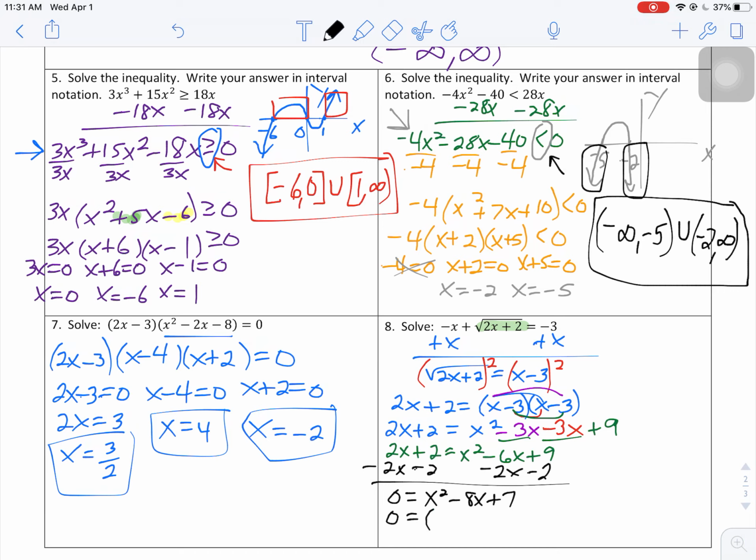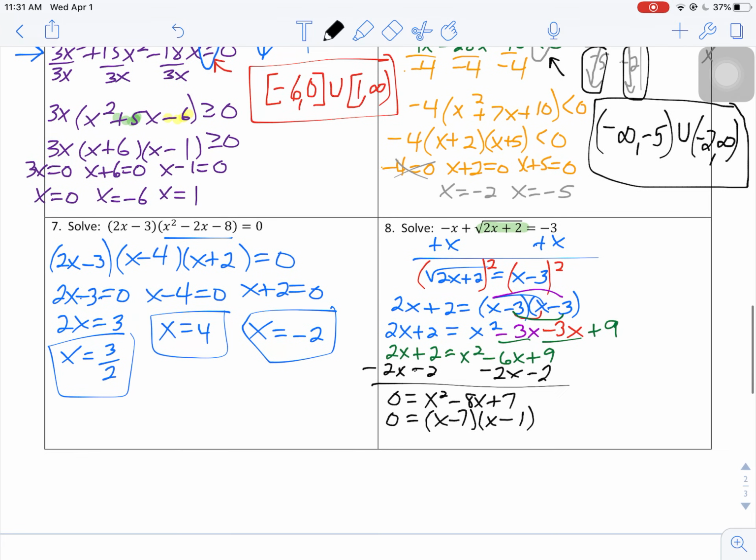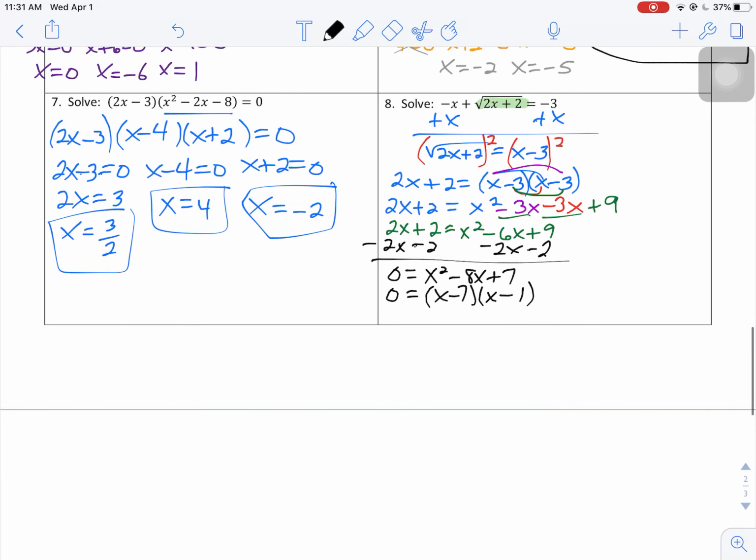And then we have our basic trinomial. So I want two numbers that multiply to 7 and add to negative 8. So negative 7 and negative 1. Set each factor equal to 0, solve for x. So x equals 7 and x equals 1.